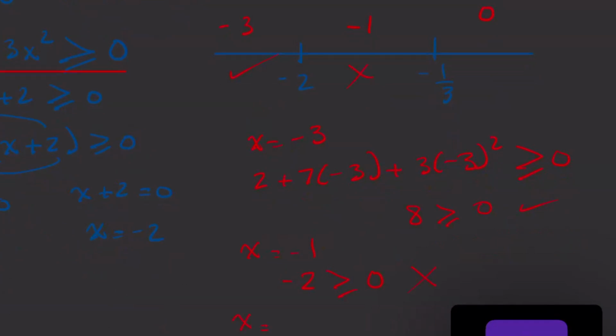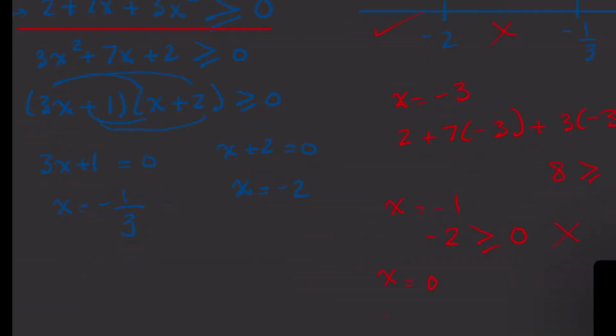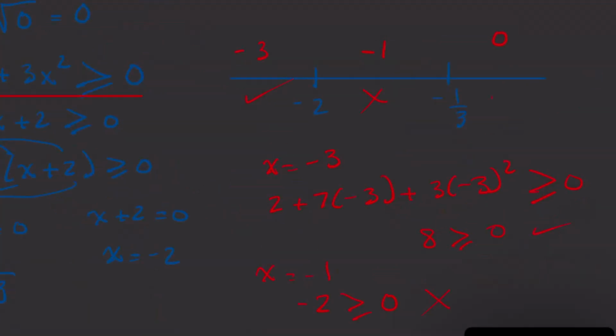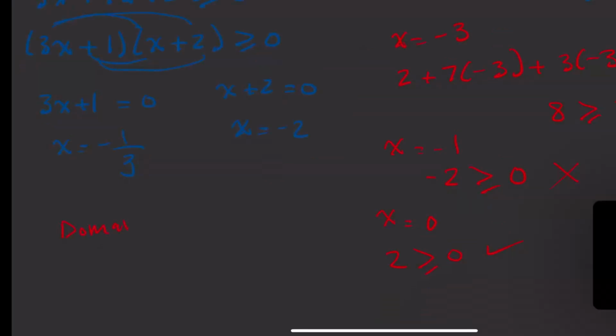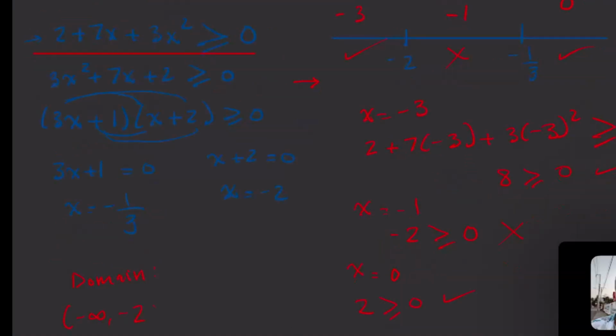When you do x is equal to 0 or 1, you will have 2, which is greater than 0, meaning these values work. So then my domain is gonna be, starting from left to right, negative infinity up to negative 2 is included.